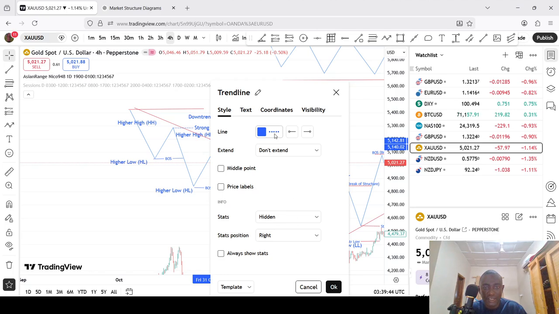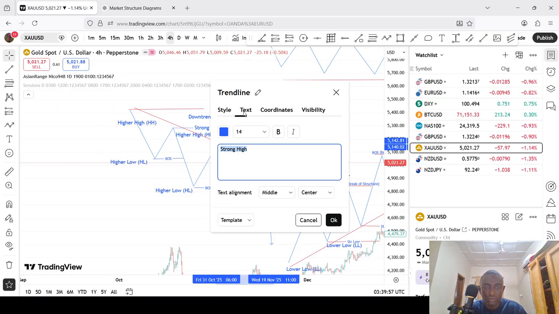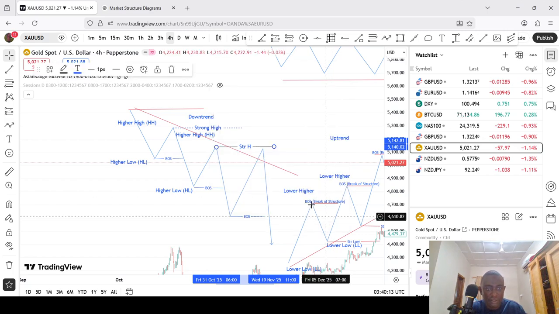Instead of the dotted line, I can use these lines and maybe possibly make it black. The word strong high is too much, so sometimes I use a H or just STRL, strong H. Then I'll click OK.